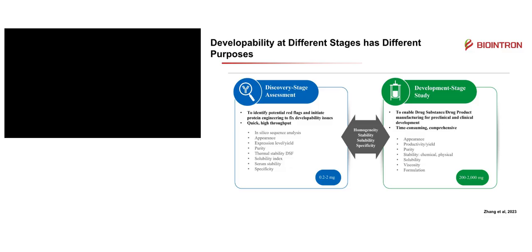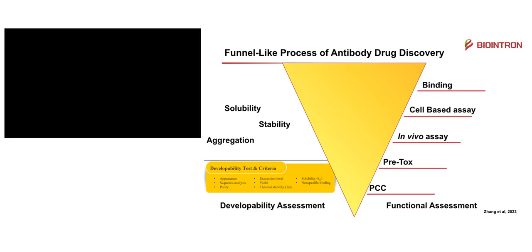So we all know that the antibody discovery is working like a funnel, especially on the functional side. Firstly, we are working on binding efficacy, and then we move to cell-based and in vivo and products and PCC. This is one side of the story. And on the other side, we are talking about solubility, stability, aggregation, and all of the different developability matrix.